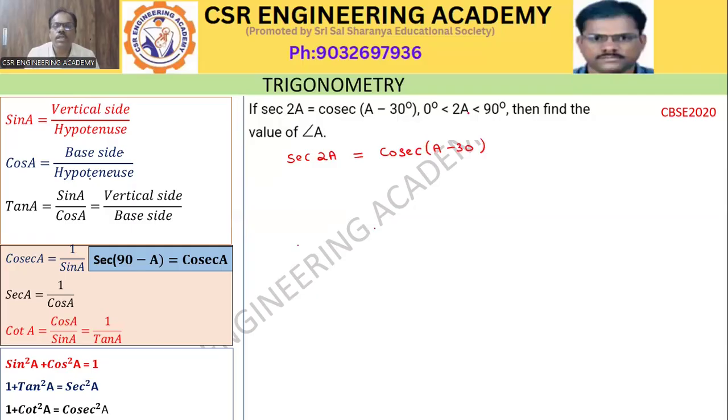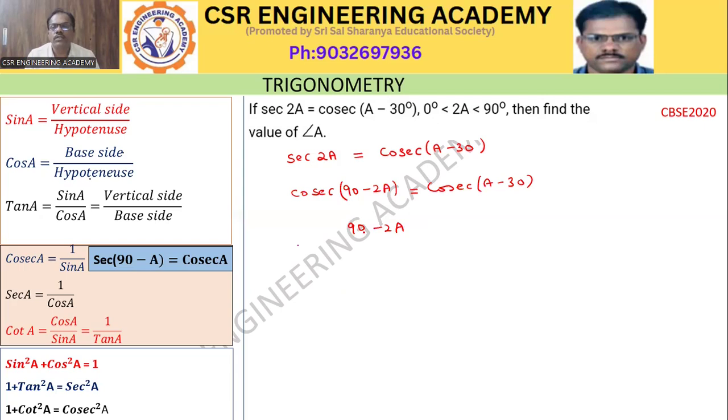Here 2A is in the first quadrant. Secant 2A is equal to cosecant (90 minus 2A), which is equal to cosecant (A minus 30 degrees).